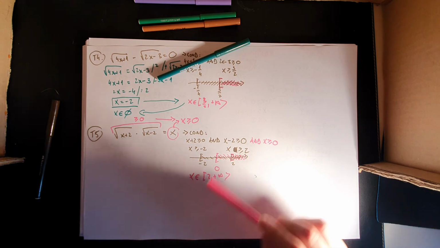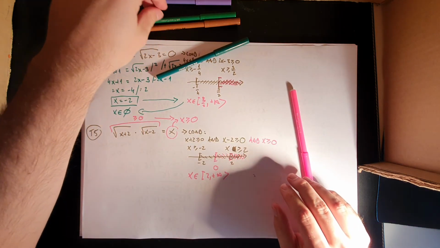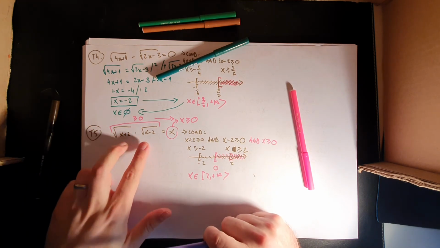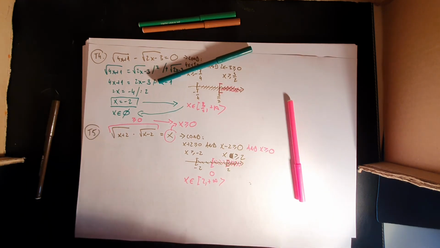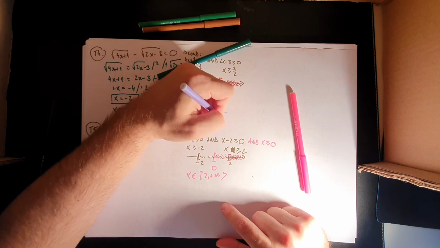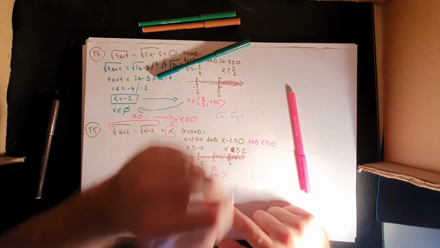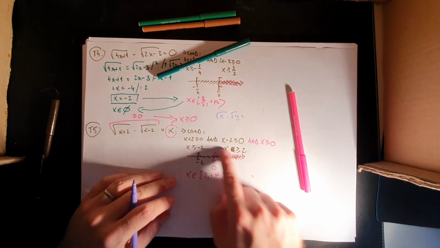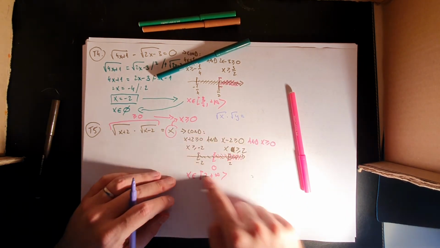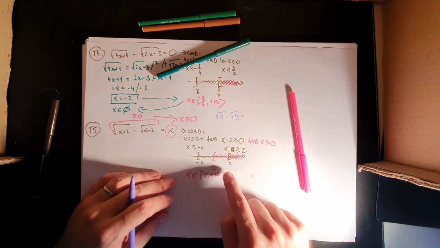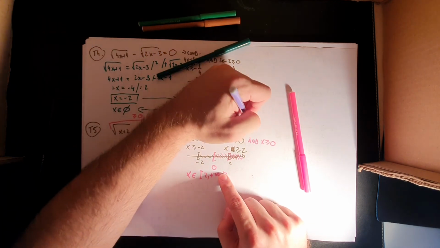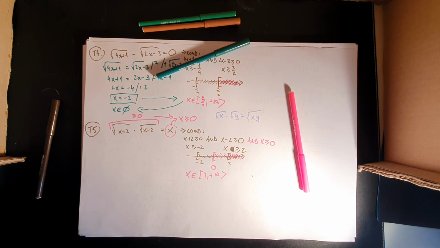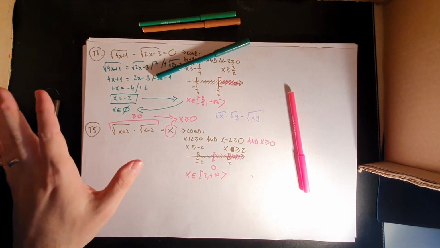Now, how do we solve it? First things first, we learned something about the product of roots. If you have two roots, as long as both x and y inside are greater than or equal to 0, which we did make sure of with this condition, we can put them all in one root if it's multiplication or division.